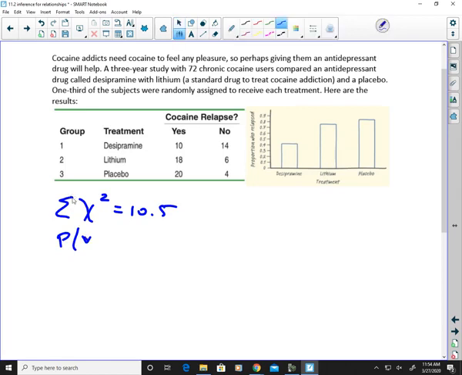Probability that my chi-squared is greater than 10.4. This is going to result in a rejection of the null, which of course would be worded in the homogeneity wording of that.